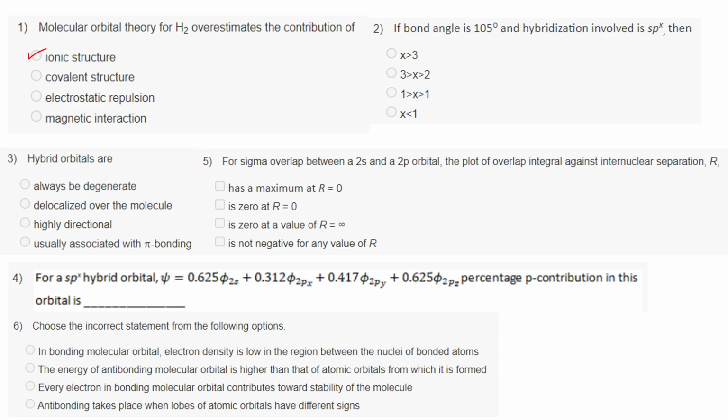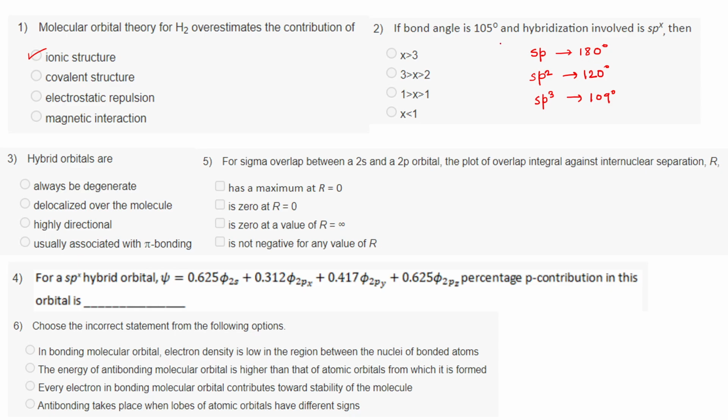Now, question number two: if the bond angle is 105 degree and hybridization involved is SPX, then what is X? Here you can take that when it is SP, the bond angle is 180 degree. When SP2, the bond angle is 120 degree. When it is SP3, then it is close to 109.